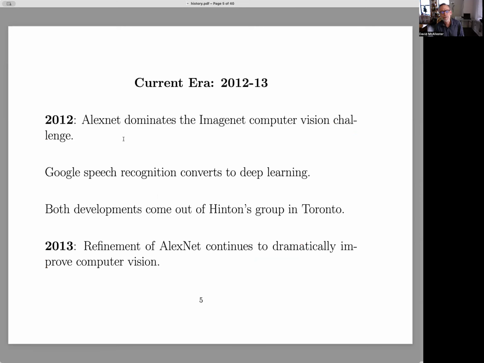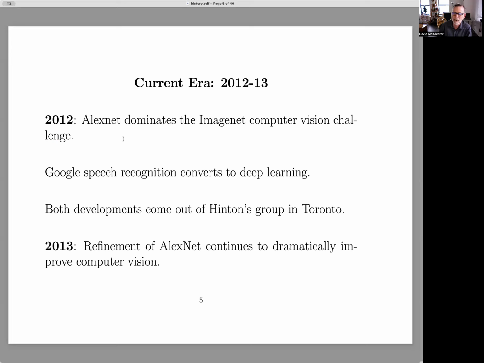Okay, most people date the current era, the current rapid progress in deep learning, to this 2012 development called AlexNet. There was an ImageNet competition to try to develop a challenging data set, millions of images with 1,000 different categories.